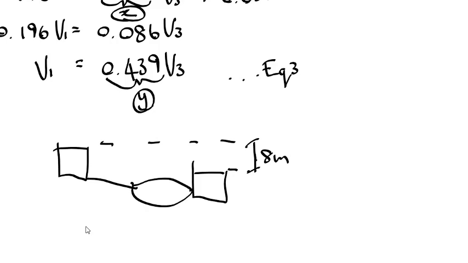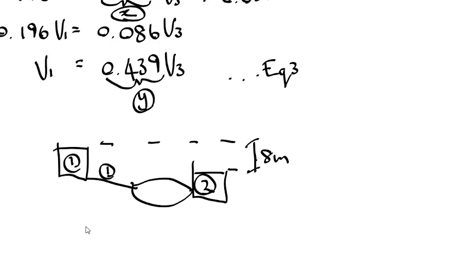But for there to be flow from reservoir 1 to reservoir 2, the static head, which is 8 meters at this point, has to be more than the head loss due to friction. Remember, we have head loss due to friction here in pipe 1.